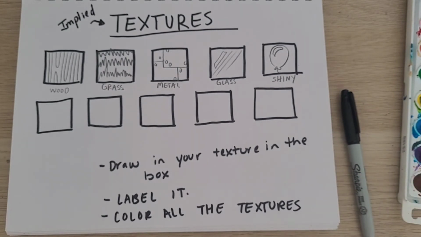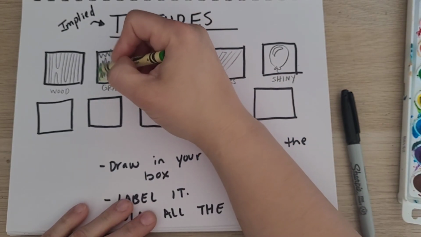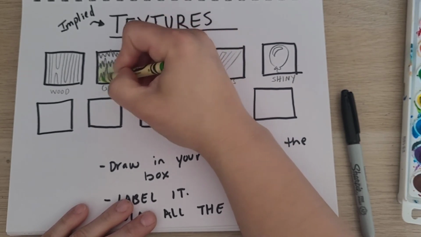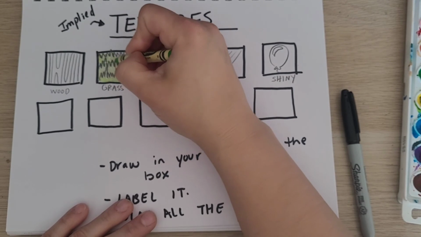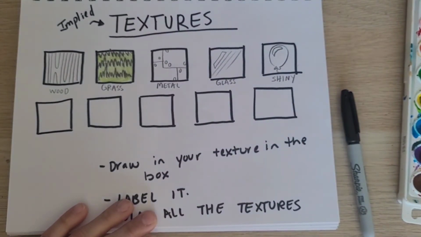So now I'm going to color it. I'm just going to use crayon. Make sure when you're coloring you don't lose your initial drawing. So if you're drawing really light, maybe outline it. So I have grass here. I'm just going to color it green. Grab some brown.